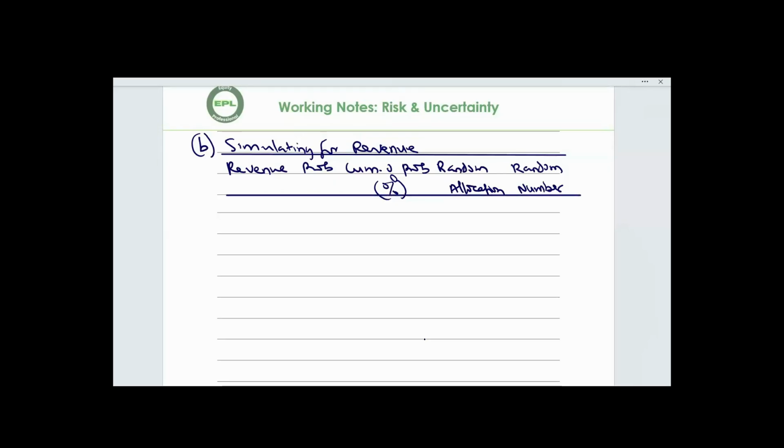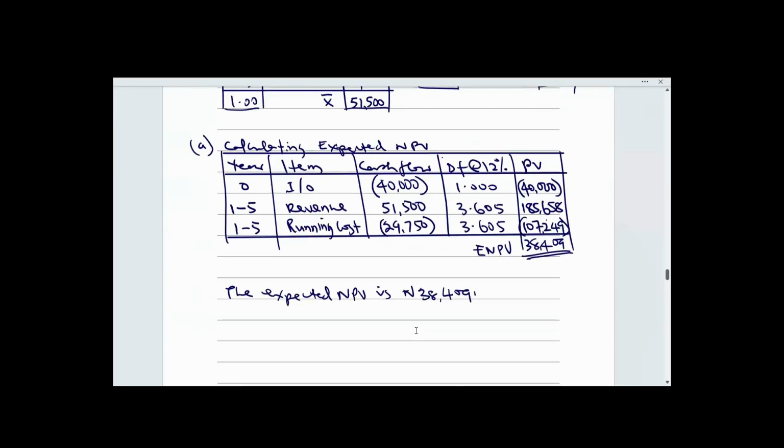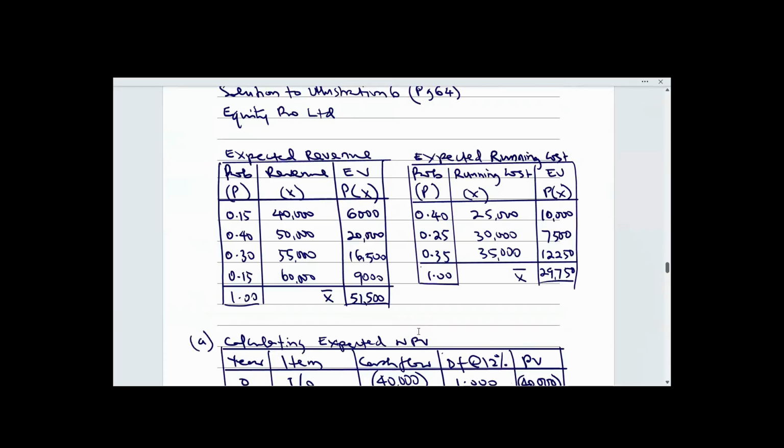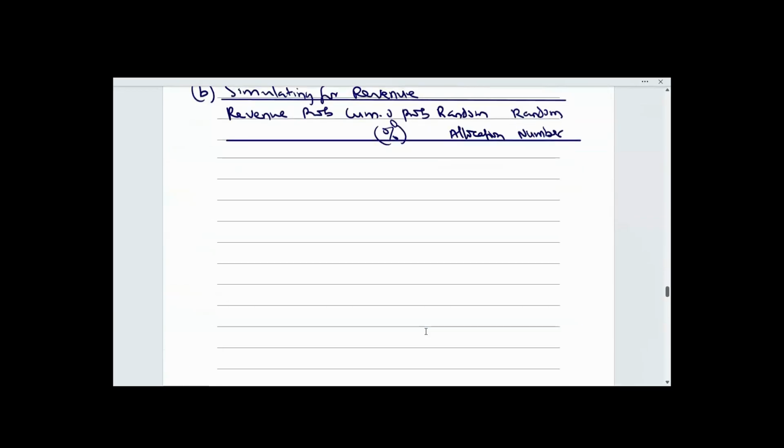So I will then pick the revenue for each state of nature as given to us. The revenues are 40, 50, 55, 60 in that order. So here is 40,000, 50,000, 55,000, and then 60,000.